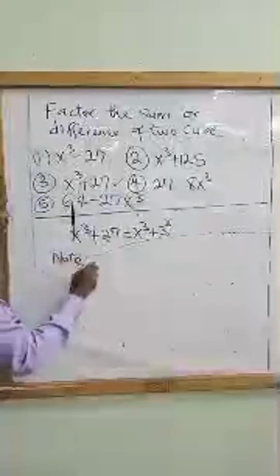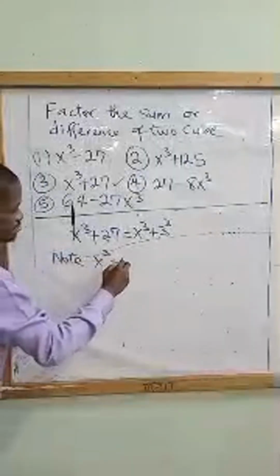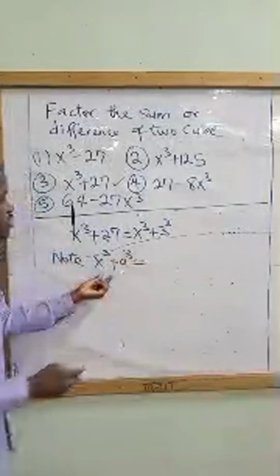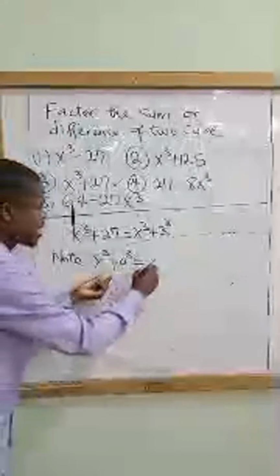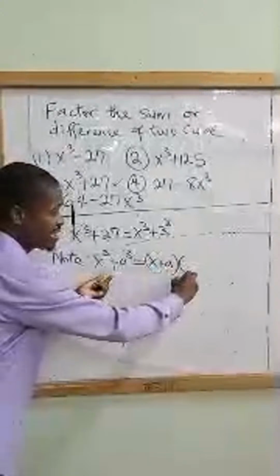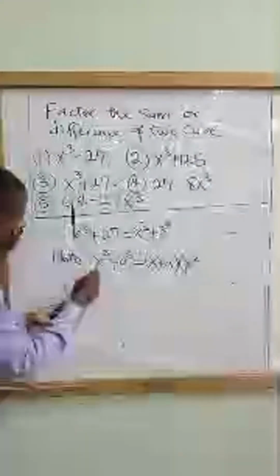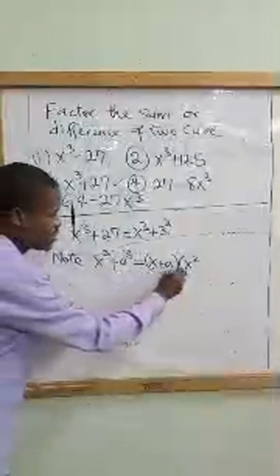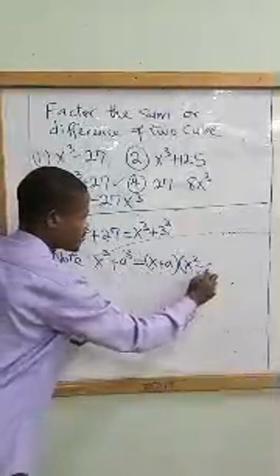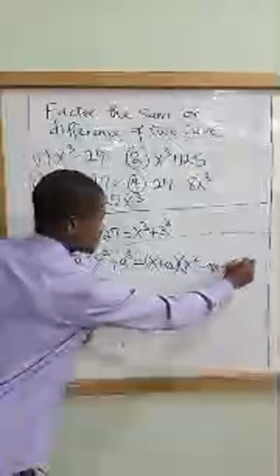The third one, when you have, let's say, x cubed plus a cubed, it is going to be equal to x plus a, and then another bracket x squared, minus this one times this one, that's ax, and then plus the last one squared.